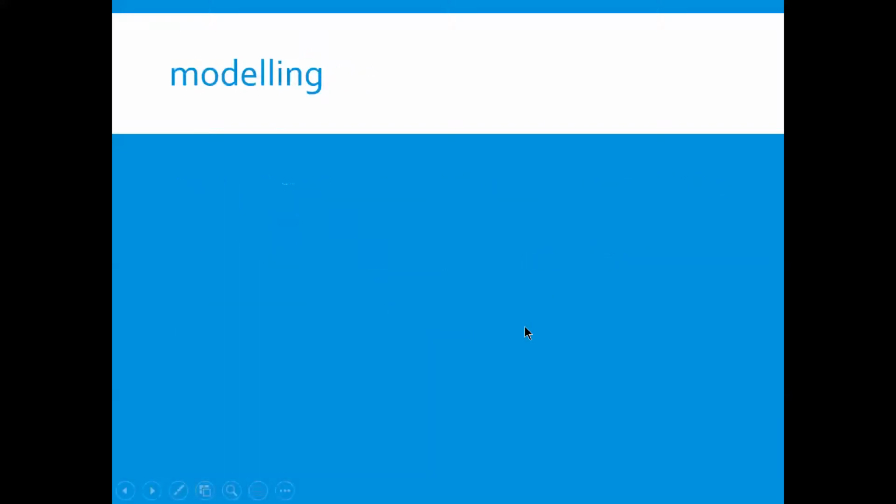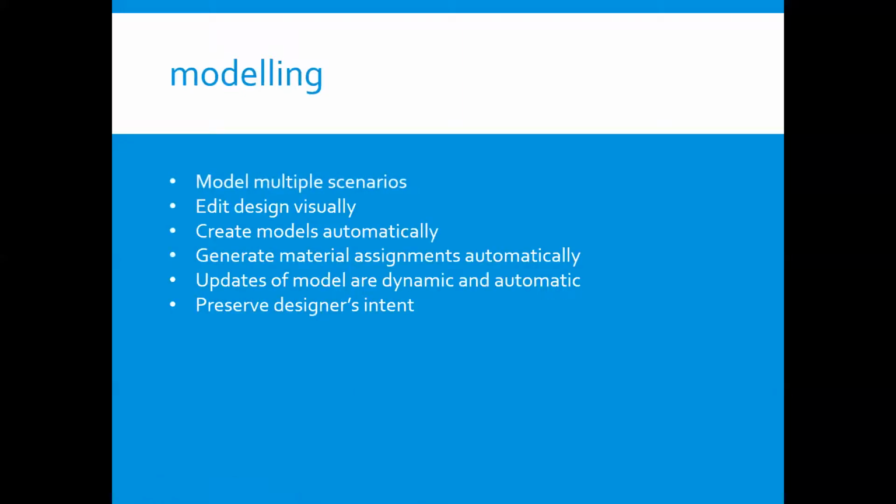Modeling. The software will model multiple scenarios, edit design visually, create models automatically, generate material assignments automatically, update models dynamically and automatically, and preserve the designer's intent. It's a great tool.